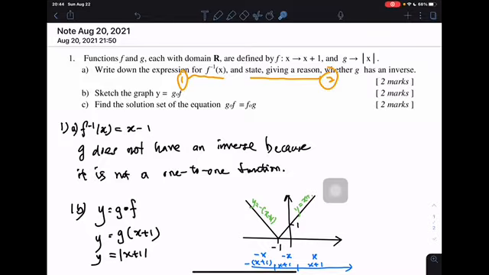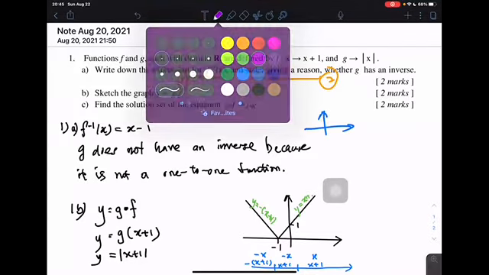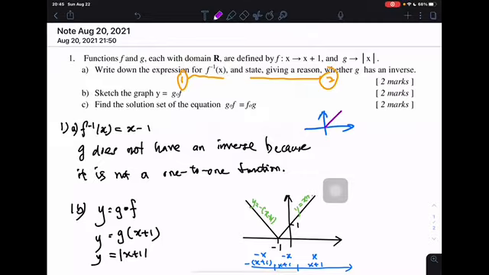Now the second task is you have to state, meaning you straight away give the reasons, whether g has an inverse or not. When we look at these modulus functions, we know the modulus curve is like this. You will have 2 parts for your modulus function, a left hand side and right hand side.